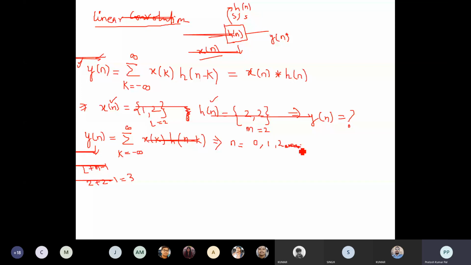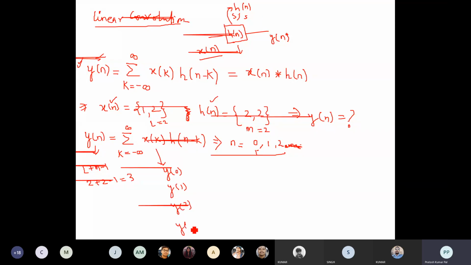Okay, so since 3 sequences are there, n should be varying over those values. In this formula we will put n equals to 0 and find y of 0, y of 1, and similarly y of 2.